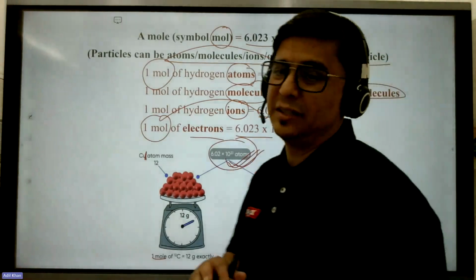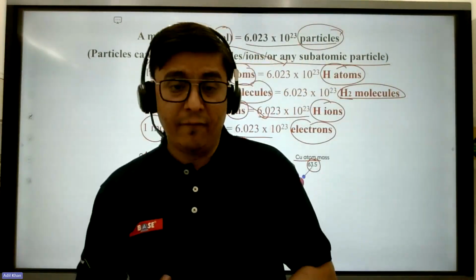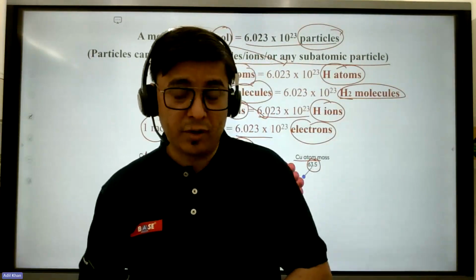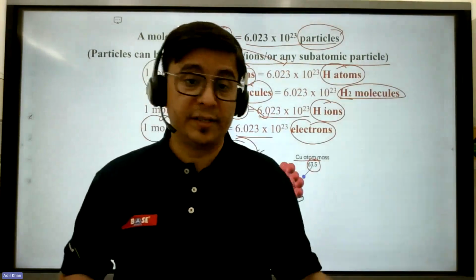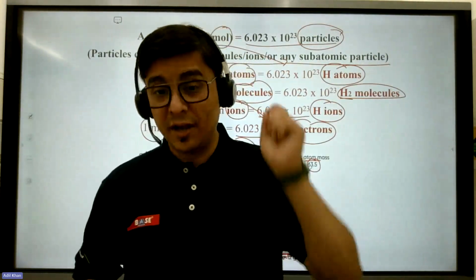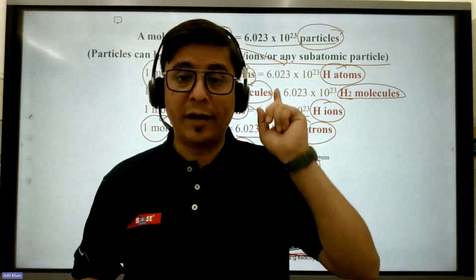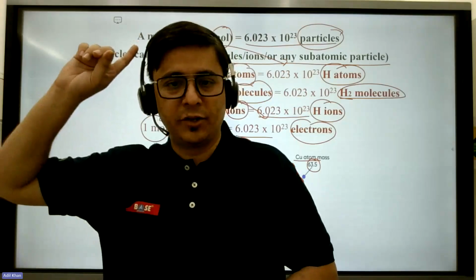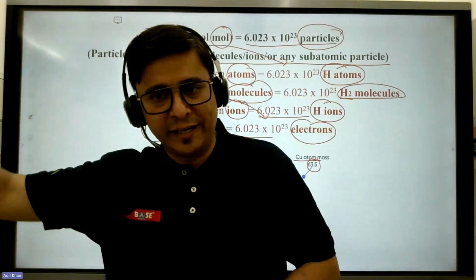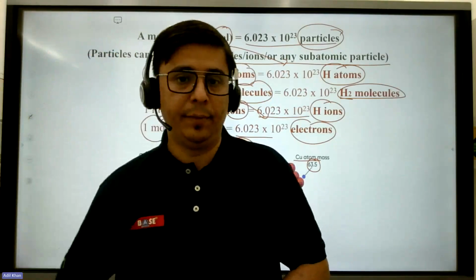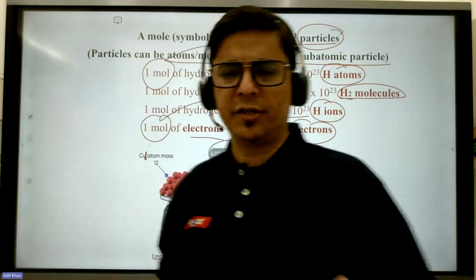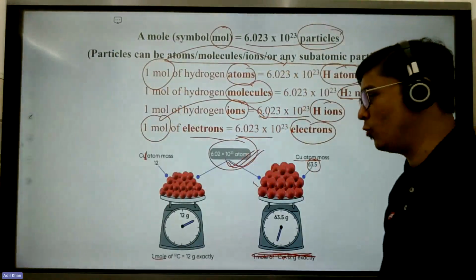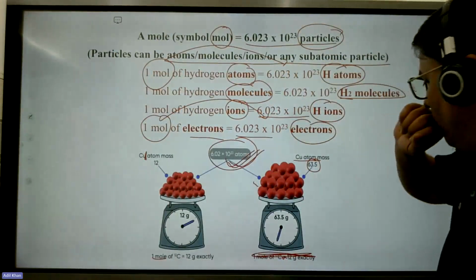The mass is not important. The nature is not important. Whether they are light or heavy, that is not important. Whether they are solid, liquid, gas is not important. Whether they are metals or non-metals, it is not important. What is important is whenever I quote 1 mole, you have to say 6.022 or 6.023 × 10^23 number. And after that, it can be anything: atoms, molecules, ions, electrons, water particles, water molecules, etc.